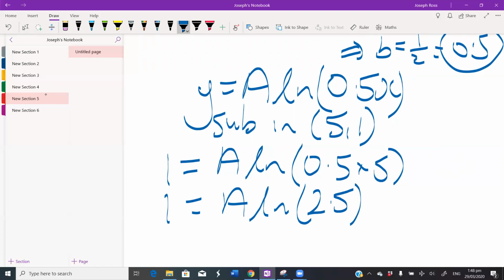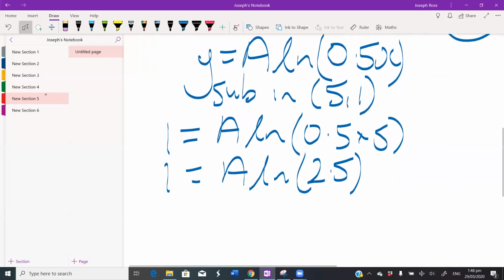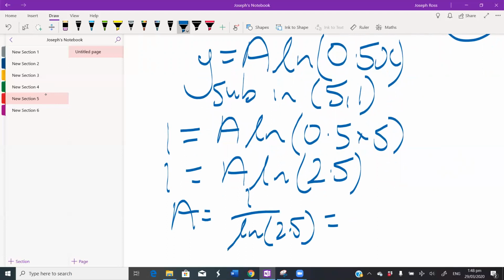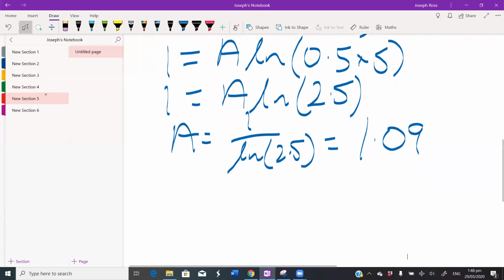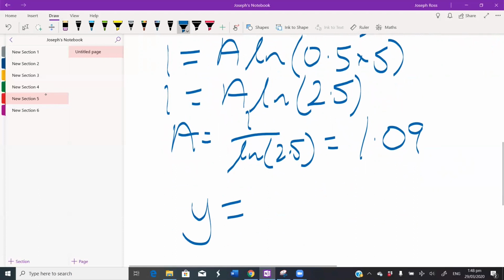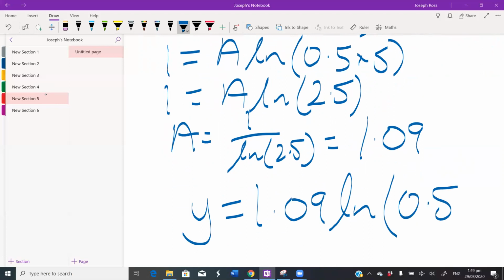If we divide through by ln 2.5, we get a equals 1 divided by ln of 2.5, which is 1.09. So our equation is y equals 1.09 ln of 0.5x.